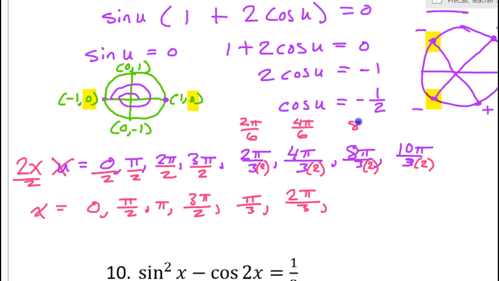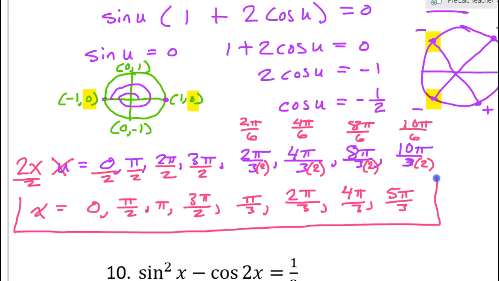And this is 8 pi over 6, which reduces down to 4 pi over 3. And this is 10 pi over 6, which reduces down to 5 pi over 3. So these are the solutions to the original equation.